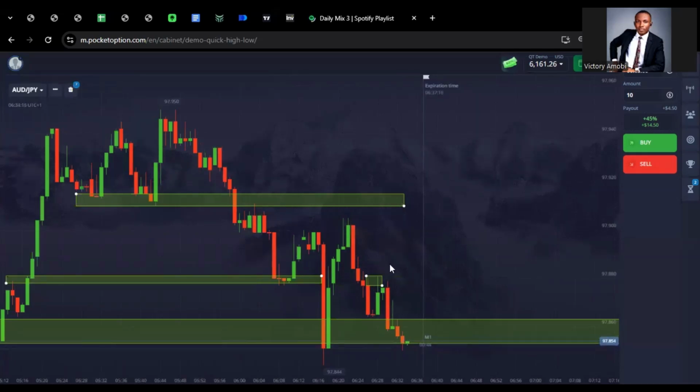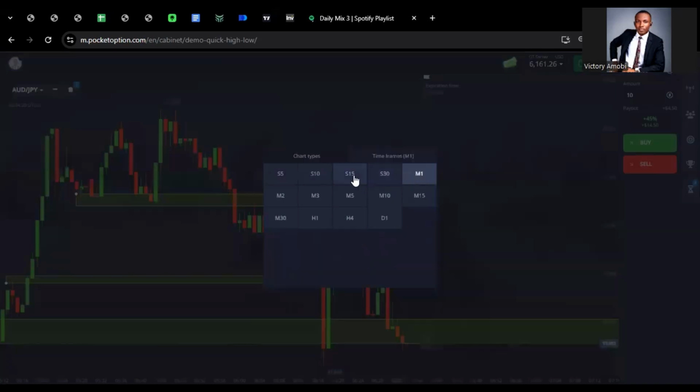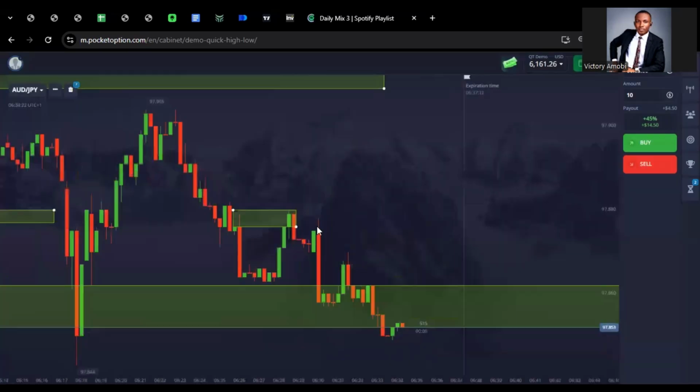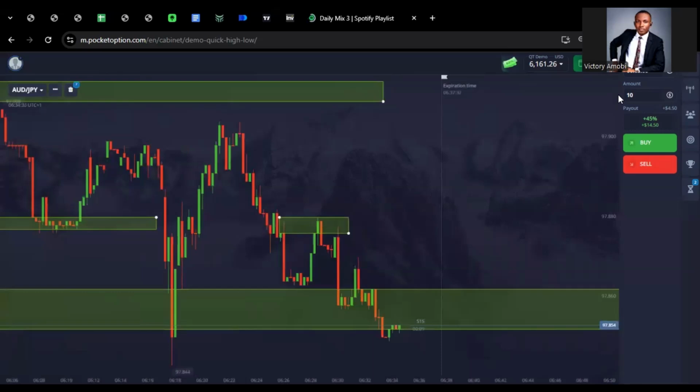But I wanted to go in regardless. So this will make more sense on the lower time frame, the 15 seconds time frame. I saw that this is like a clear resistance zone. And the market came back to test it once again to keep on selling. Right. So some days are like that.